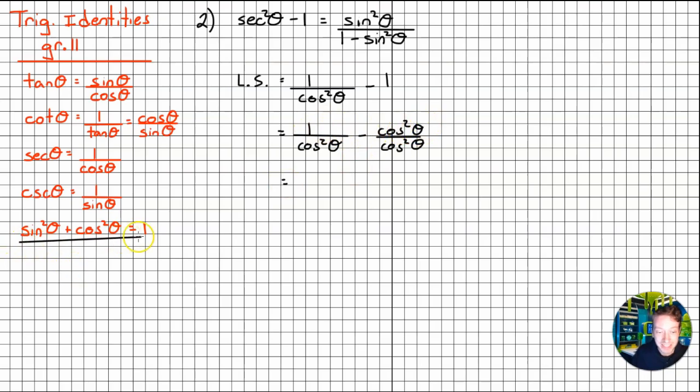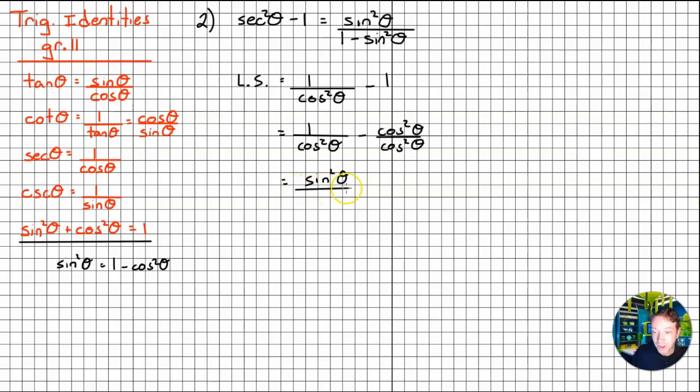But let's look at this last identity right here. If we rearrange this, we can see that sine squared theta is equal to 1 minus cos squared theta. So I'm going to change that whole numerator to sine squared theta.